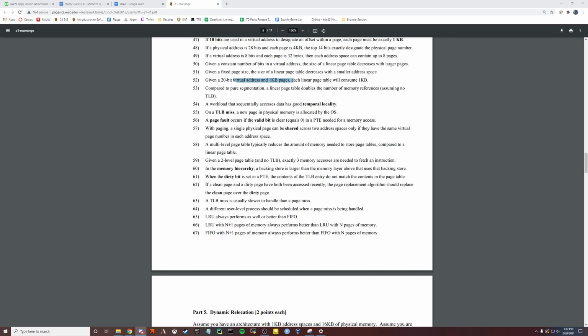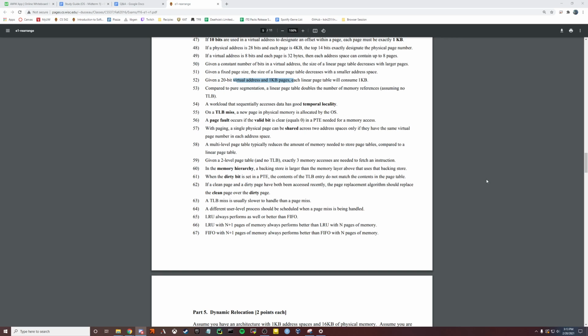Oh yeah. Wait, how do we know that it's 4 bytes? It says at the very beginning of the exam that you assume a page table entry is 4 bytes. Yes, a page table entry requires 4 bytes, because you'd have 10 bits. I think you guys are correct. So I think that 52 would be false.